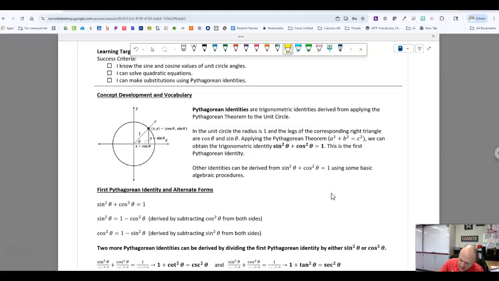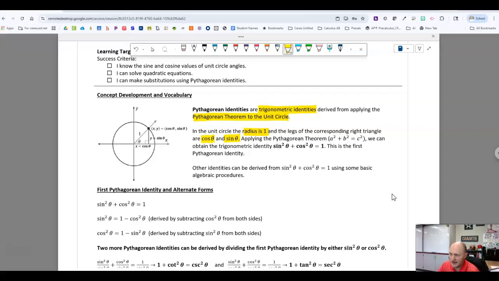The Pythagorean identities are trigonometric identities derived from applying the Pythagorean theorem to the unit circle. In the unit circle, the radius is 1, and the legs of the corresponding right triangle are cosine of theta, that's your x, and your sine theta is your y.